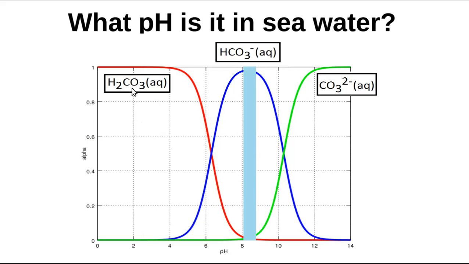There is a slight tendency of carbonic acid in seawater, not enough for the seawater to start to bubble. But there is a little bit, according to this diagram, if the model is describing the seawater correctly: a few percent carbonic acid and also a few percent of carbonate ions.